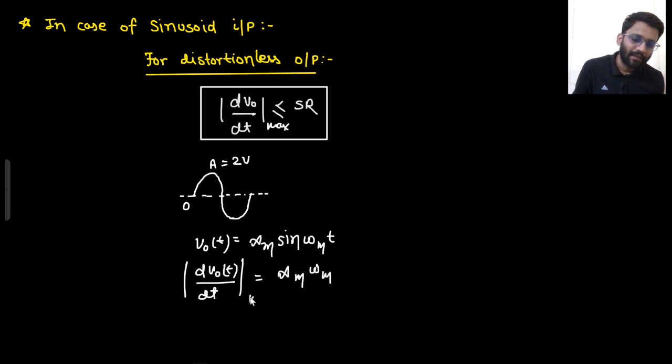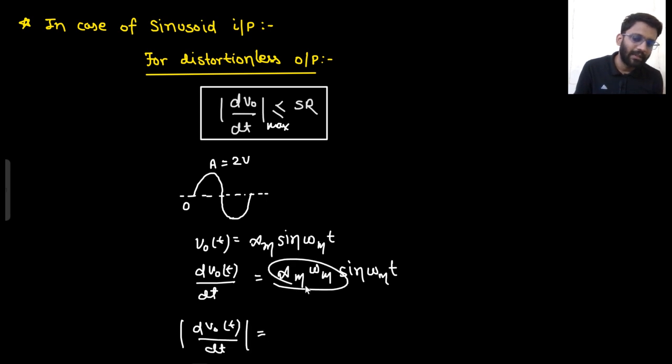What did I do? First I differentiate it. So what do I get? AM omega m cos omega mt. So what will be the magnitude now? The magnitude will be this value only, no? AM omega m. This will be the magnitude.